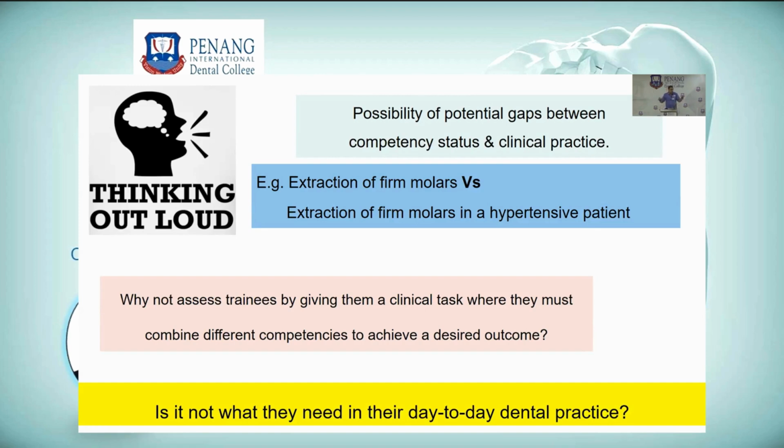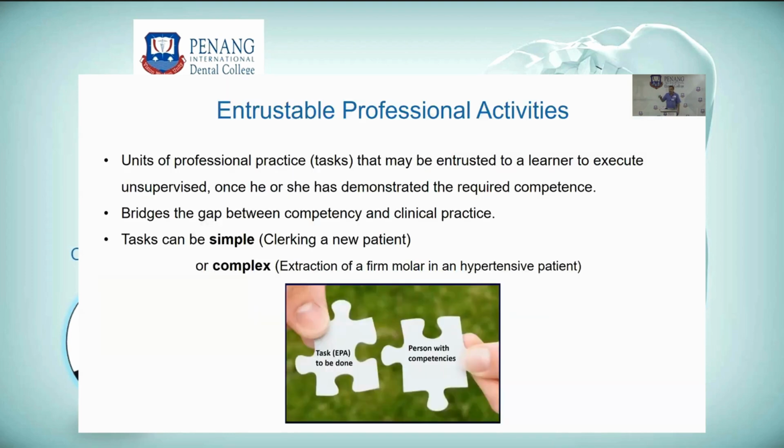So now it was realized that this is what we need in a graduate. A graduate must go out and he must have these competencies, use multiple competencies for a scenario. And this is where entrustable professional activities were realized. Right? Now, what these activities are, basically, are tasks which have multiple competencies you must have to perform.